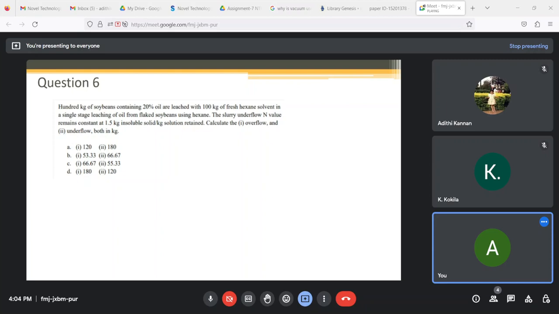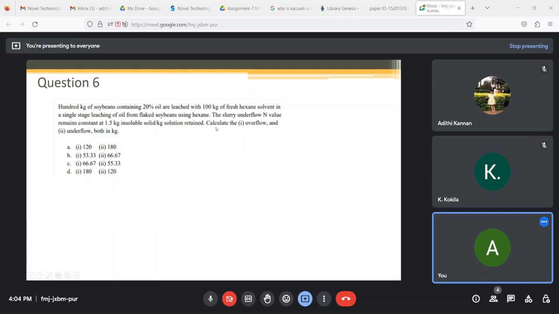You send in 100 kgs of soybeans that contain 20% oil, and you send in 100 kgs of fresh hexane. So your oil will be transferred from soybeans to the hexane solvent. So that is what is happening here. The slurry underflow N value remains constant at 1.5 kg insoluble solid per kg solution retained. So we need to calculate the overflow and the underflow both in kgs.